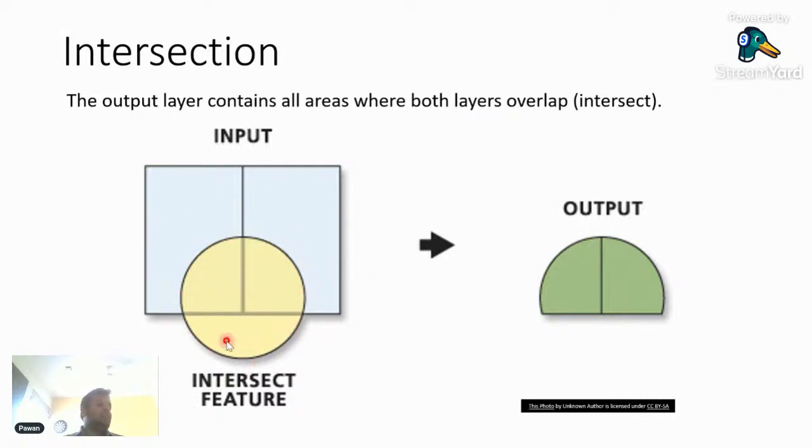This is another input, right? Now, if you really look into this output, it is only the D area, what I call as a D area, or the semicircle area, which is intersected feature. Now, that intersected feature will be the new output that you have. So such kind of operations would be called as intersection.